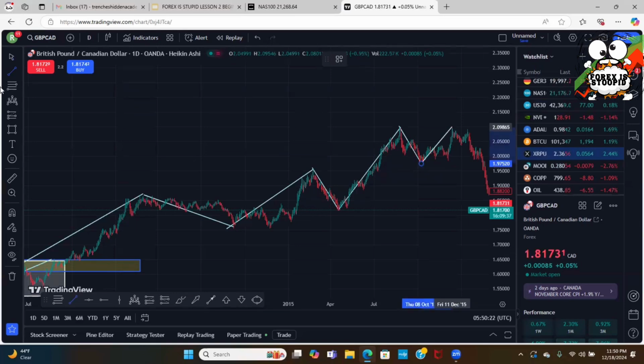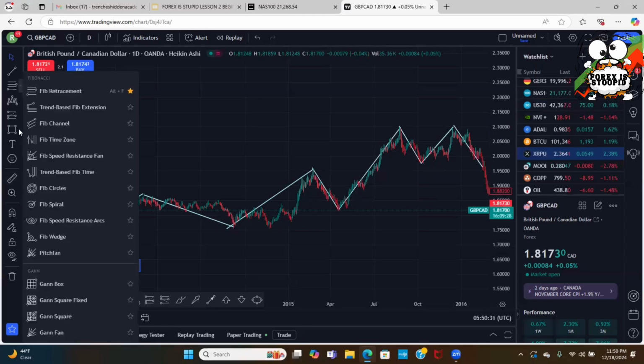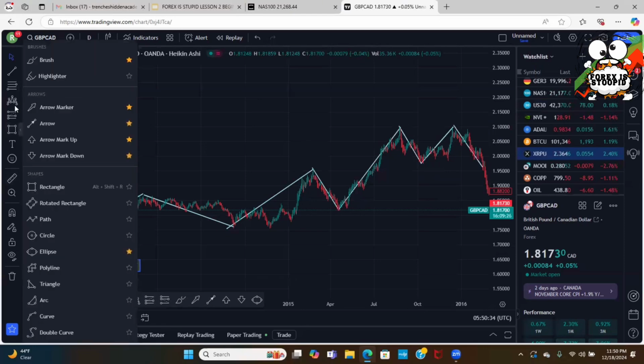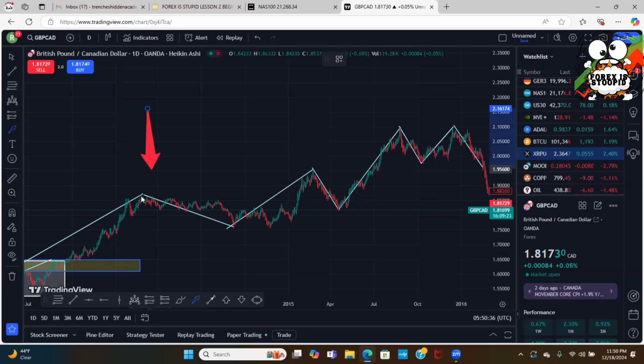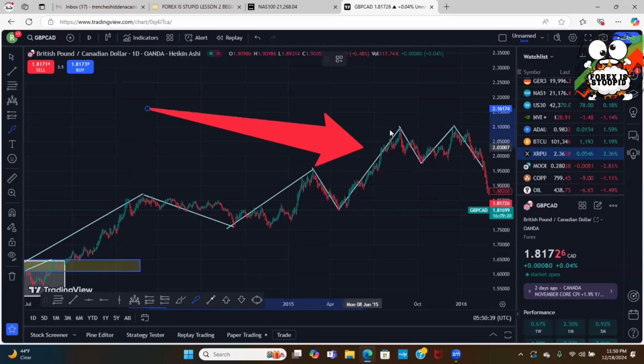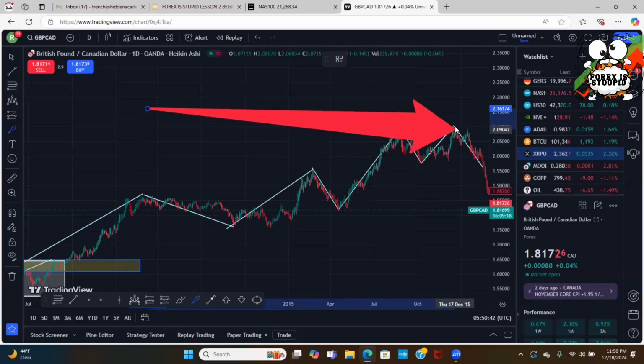All right, so some things I want to point out. Price created higher highs. Higher high, followed by a higher high, followed by a higher high. And then this is kind of an equal high.